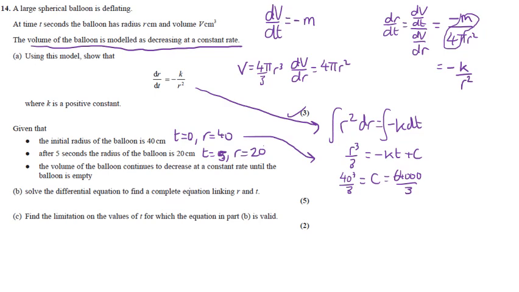We also know, if we use the second boundary condition now, when r is equal to 20, so 20 cubed over 3 is equal to minus kt, well, t is 5, so minus 5k plus c, which we just found.